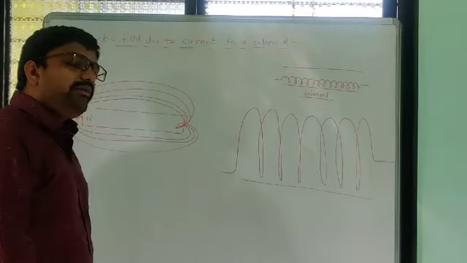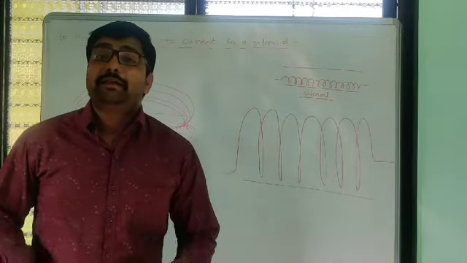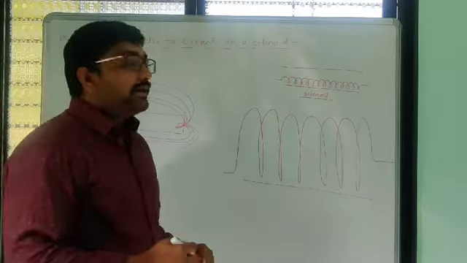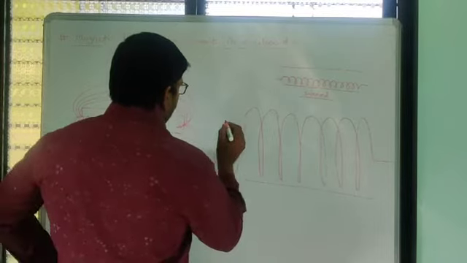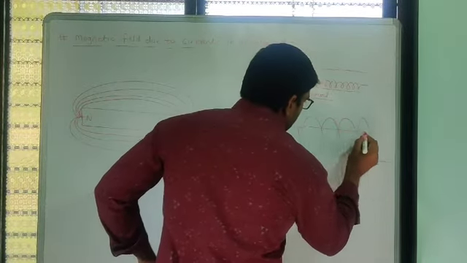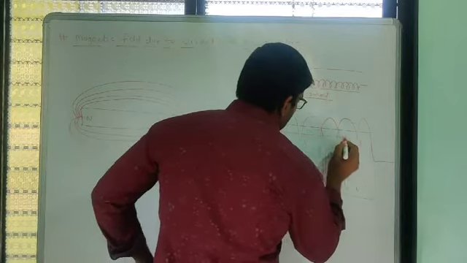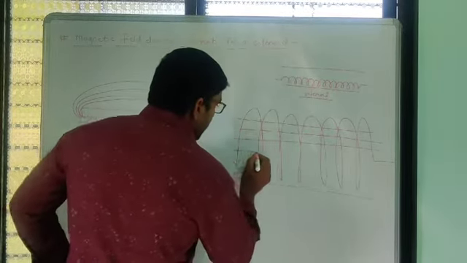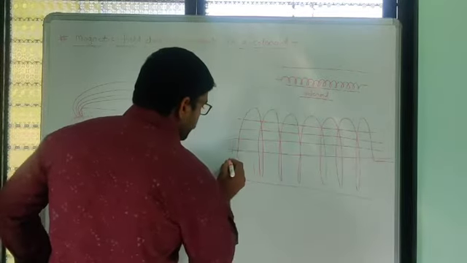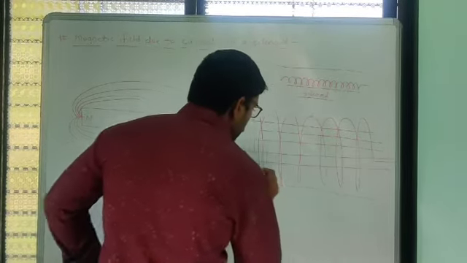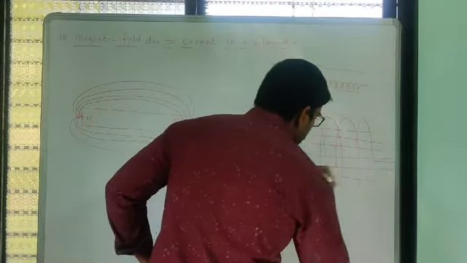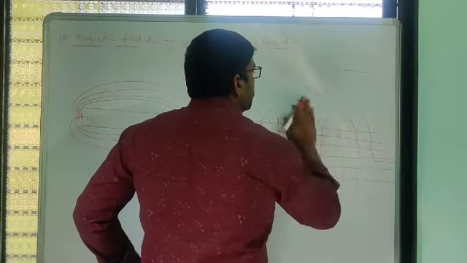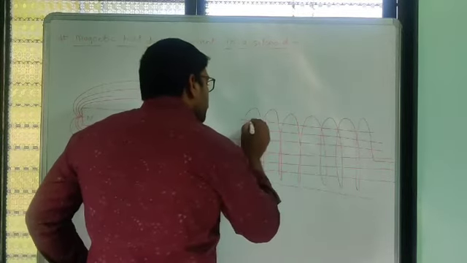Now if we see the magnetic field through the solenoid, one thing we will see is that the magnetic field through the solenoid is the same as the magnetic field through a bar magnet. These are the magnetic lines of force in a solenoid.